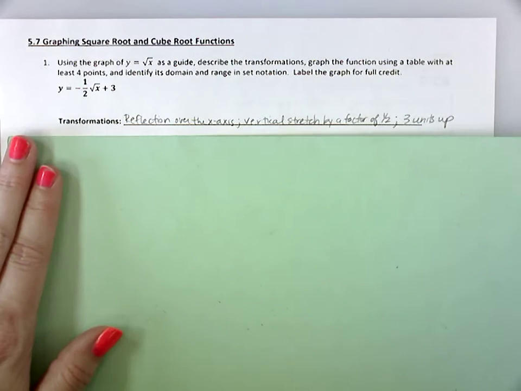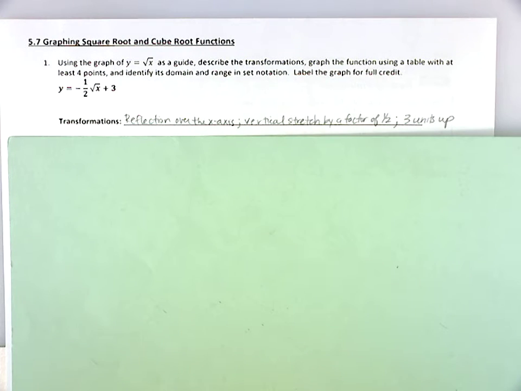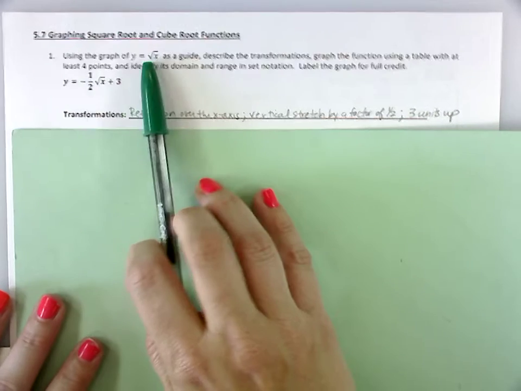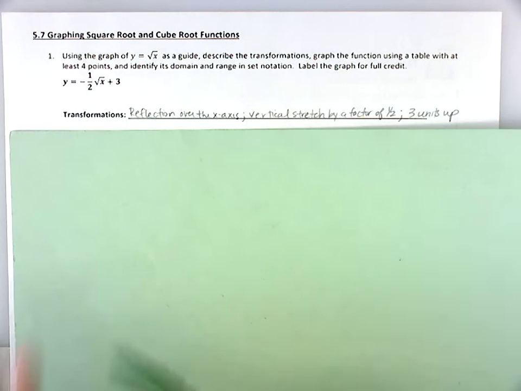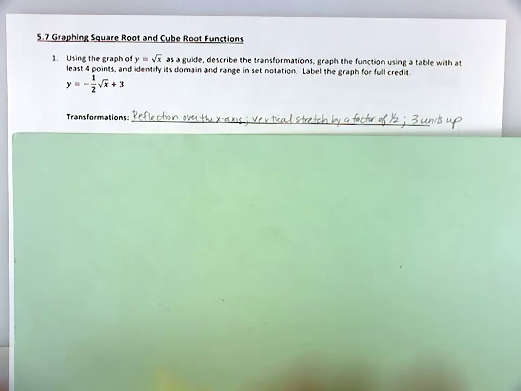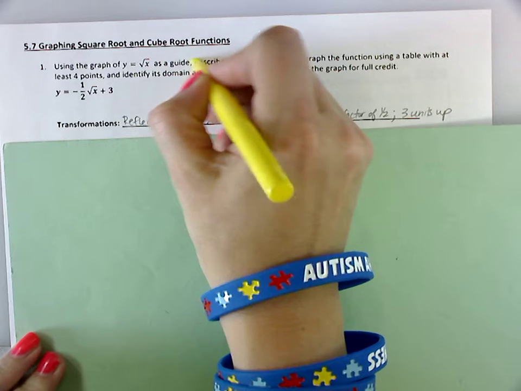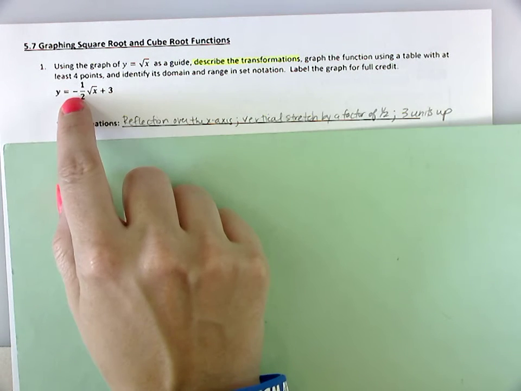Okay, so like I said, these questions are going to be exactly the setup of how it's going to look on your quiz. So using the graph of y equals the square root of x as a guide, describe the transformations. If we're going to describe the transformations, we need to look and see what extra is added here. Can you guys see that now I have a negative?